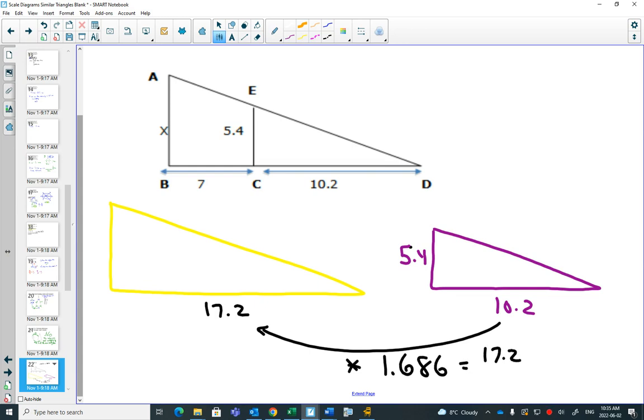I took 17.2 and divided it by 10.2. And I found out that the yellow one is 1.686 times bigger. Can you see this is x? If they're similar, which they are, I would have to multiply my 5.4 times by 1.686 to find x.